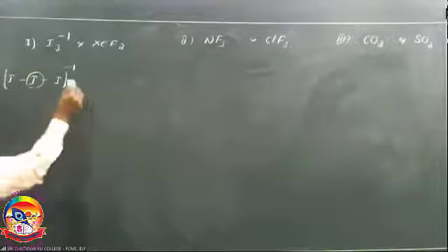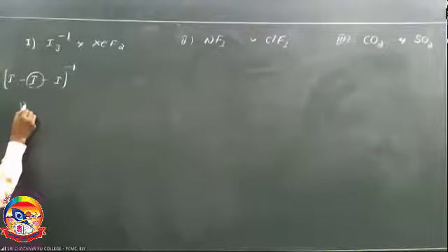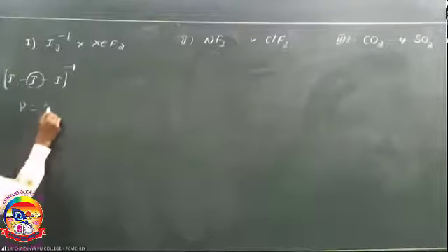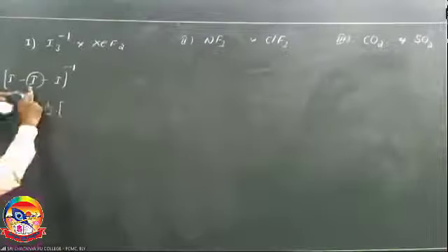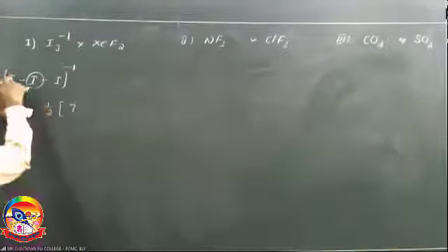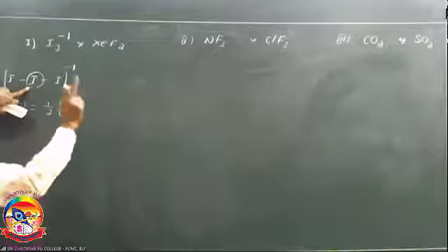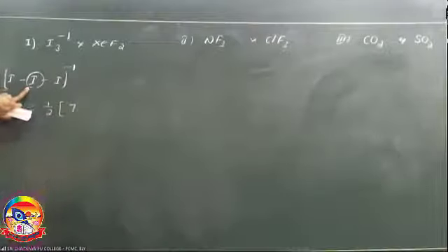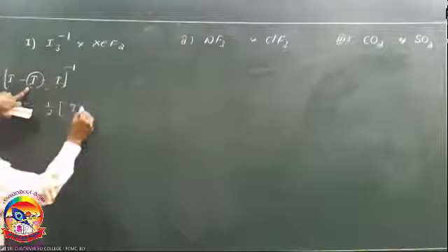So find the hybridization. P is equal to half into group number. Iodine belongs to the 7th group. Iodine is monovalent; hydrogen, fluorine, bromine, iodine are monovalent. So the number of bonded monovalent atoms is 2.